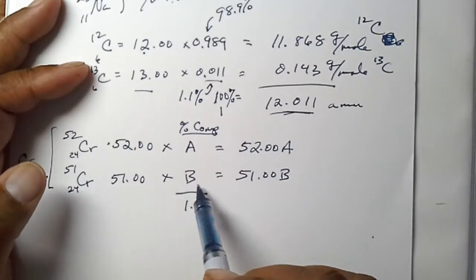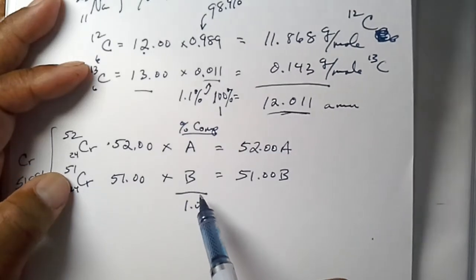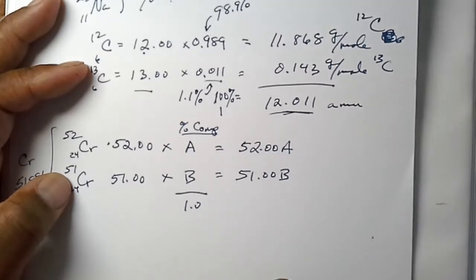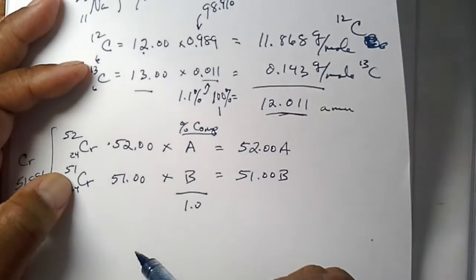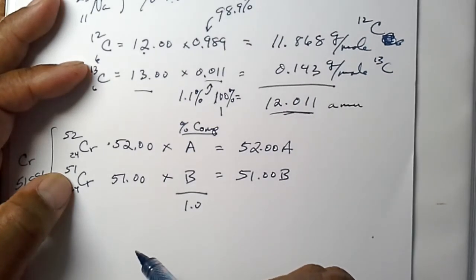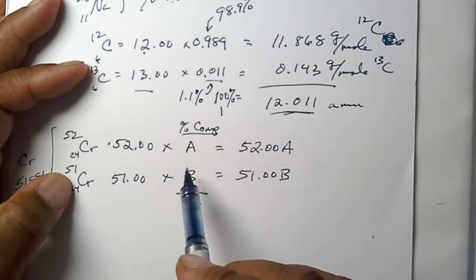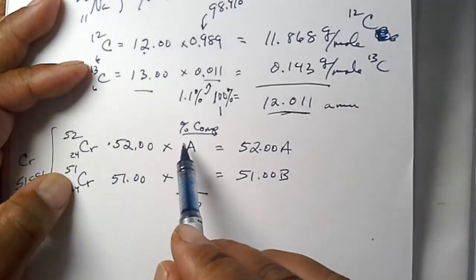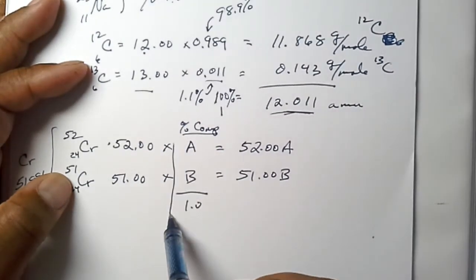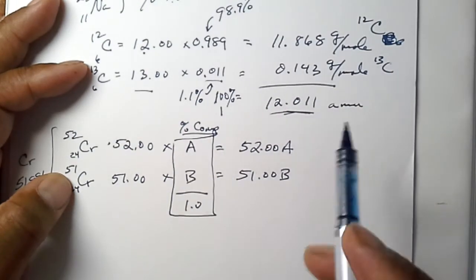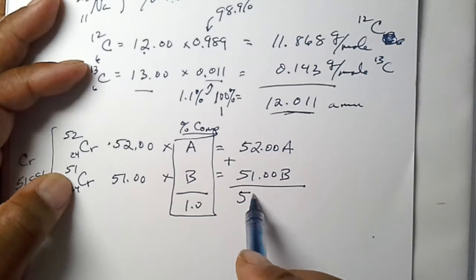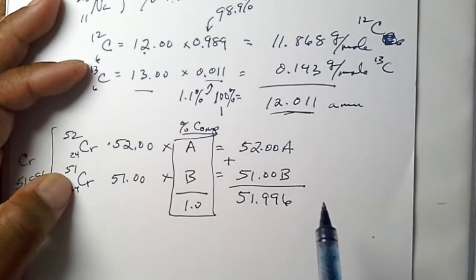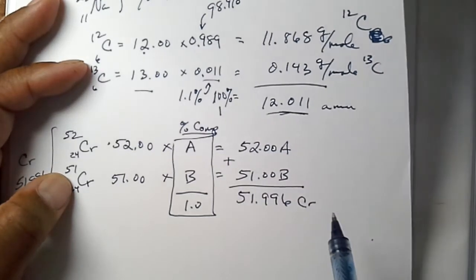So now we can single out a variable by setting up an equality where one variable equals the other, and then doing a substitution. So what we're going to do is rearrange this equation. Remember, we add these together to get our final atomic mass unit for chromium.